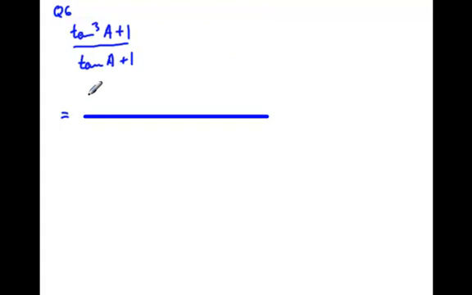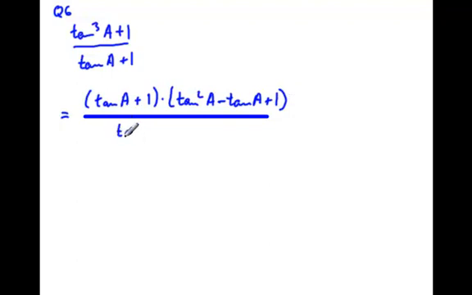Okay, so when you look at the perfect cube formula, it's going to look like this. Tangent squared minus tangent plus 1 in parentheses, divided by tangent a plus 1.